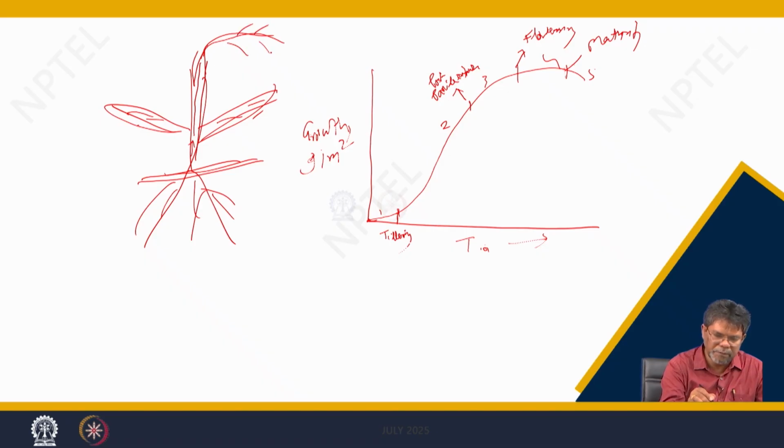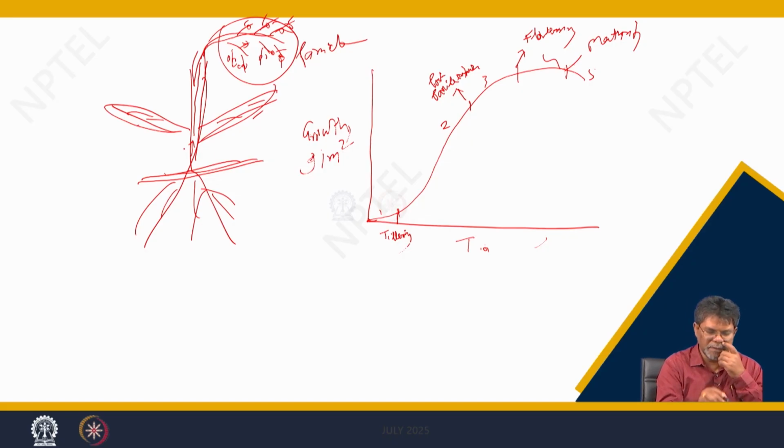The grain formation takes place here. You can find the rice grains. The whole is known as the panicle, and it starts from here.